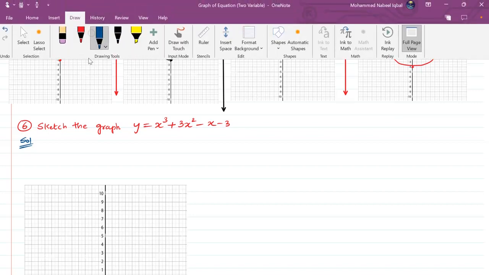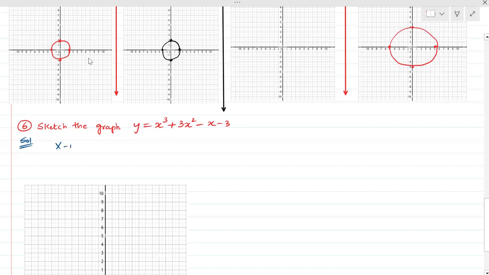Let us start with the x-intercept and y-intercept. For the x-intercept, put y equals 0; for the y-intercept, put x equals 0. When I substitute y equals 0, you will get x cubed plus 3x square minus x minus 3 equal to 0.